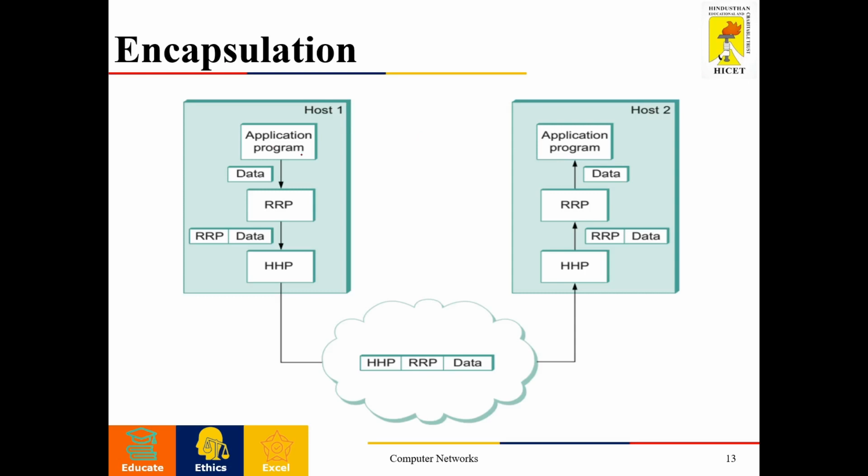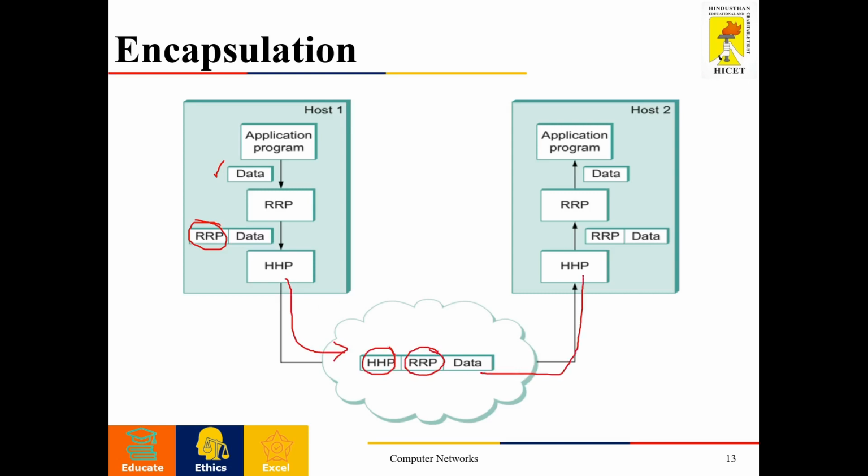RRP does this by attaching a header to the message. This is the application program. It sends the data, and this data is taken by RRP. RRP adds its own header and sends it to the next layer, HHP. HHP in turn adds its own header. With the help of the link, this is the HHP header and this is the RRP header.